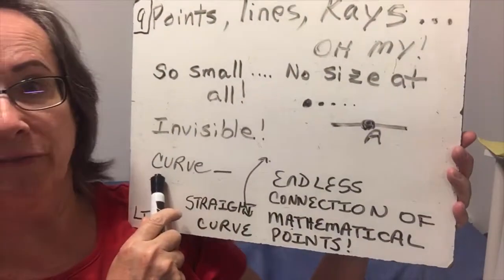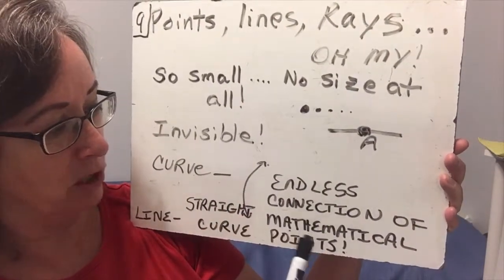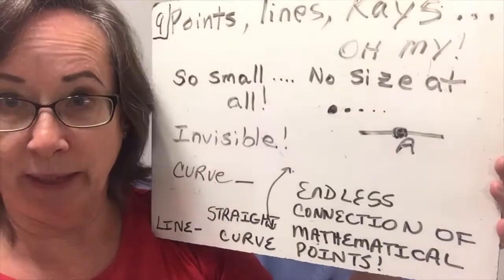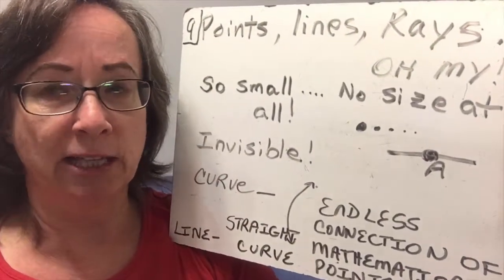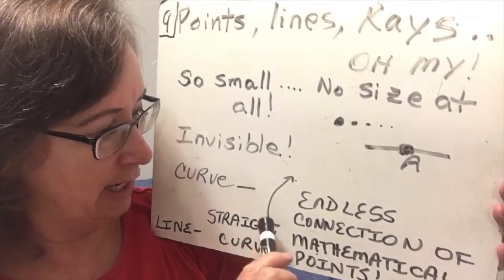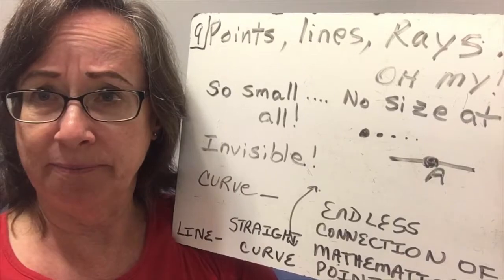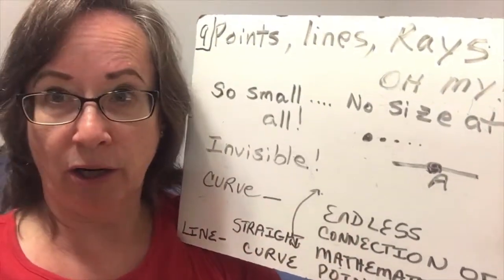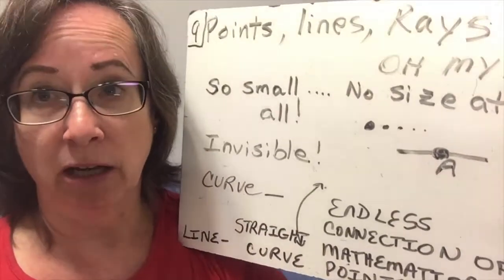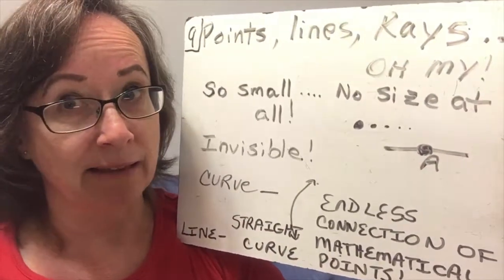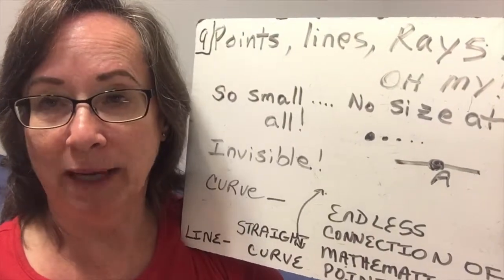So a curve, which I drew here, is an endless connection of mathematical points. So if you connected a whole bunch of things that you cannot see into a curve, would you be able to see the curve? No. Okay, we draw a curve and we're drawing our best representation of that curve, but we can't really see that curve. It's just an idea of what is there.